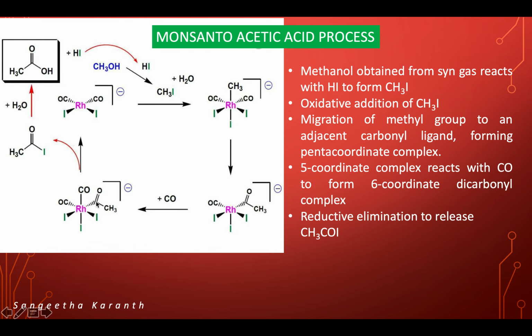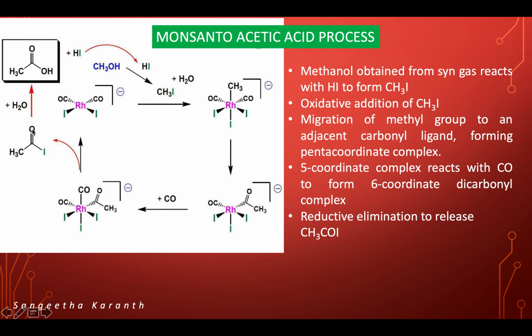So here a bond is formed between this carbon and iodine, so that it will be eliminated as CH3COI. But in oxidative addition, the bond is broken so that the two groups are added separately. Whereas here the bond is formed between the two different ligands to form a separate molecule like this, so as to eliminate this molecule, CH3COI.